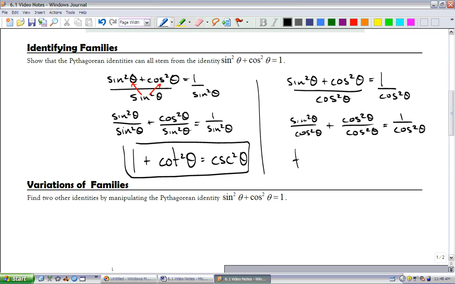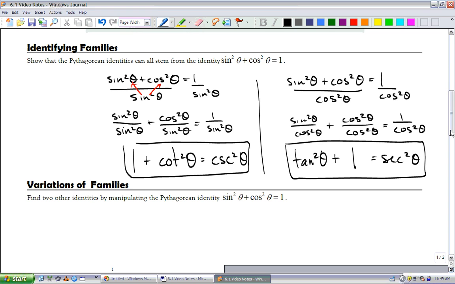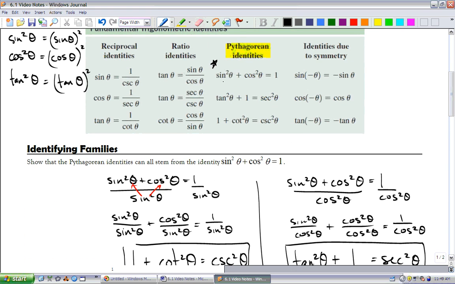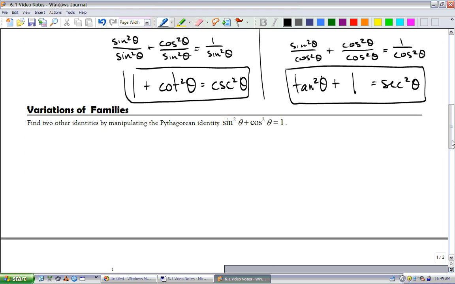And again, here, sine squared over cosine squared, if you look up in the chart, equals tangent squared theta plus 1 equals secant squared theta. And that is another one of my Pythagorean identities. So you can see here that if we work with sine squared plus cosine squared, we can actually get the other two Pythagorean identities from those.